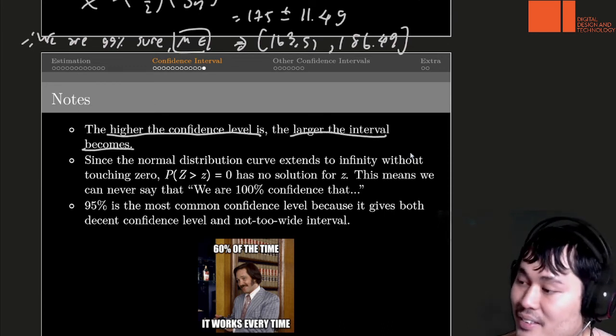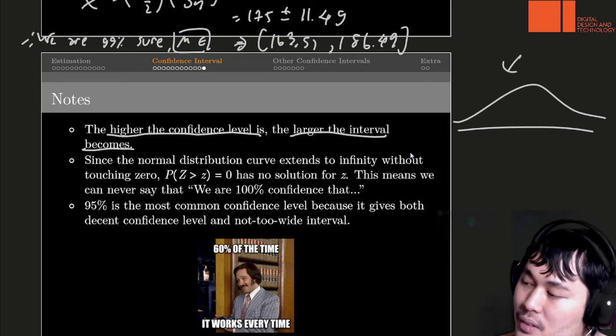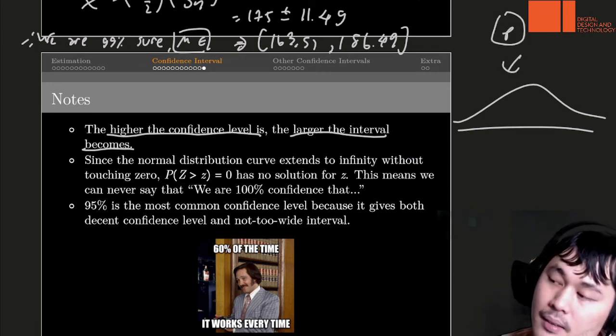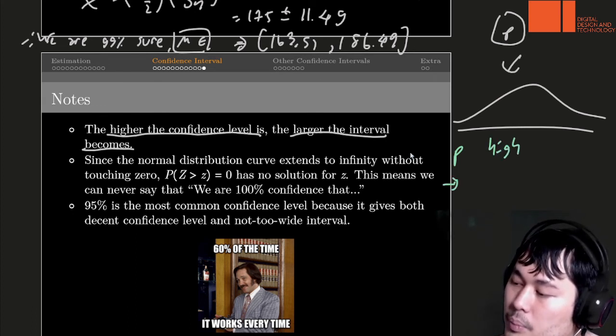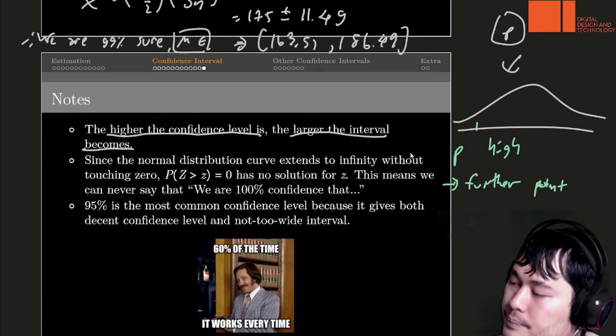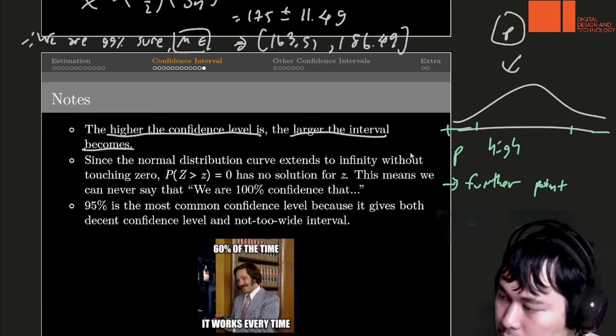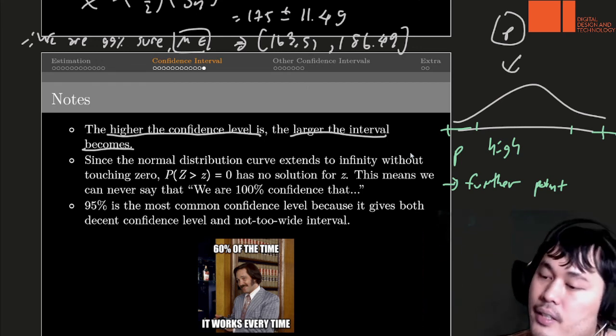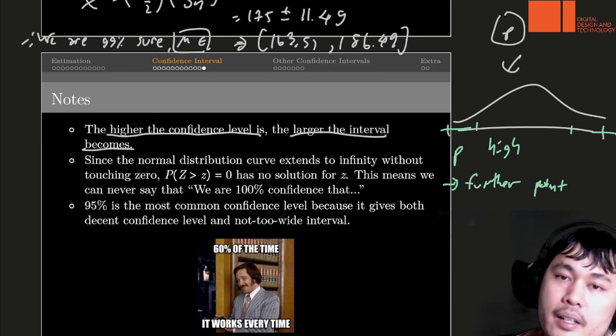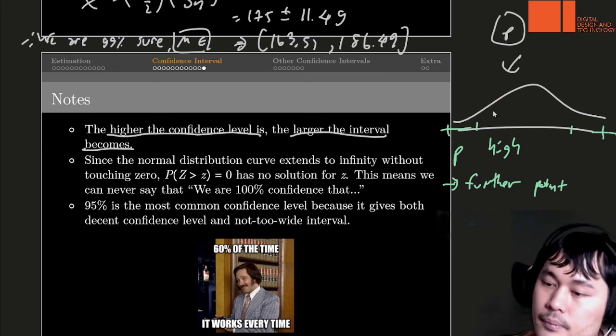This corresponds to the probability: if you want the probability to be high, then you have to pick the points further out. And the further the point is, the higher the area is, and so you get a higher confidence level.